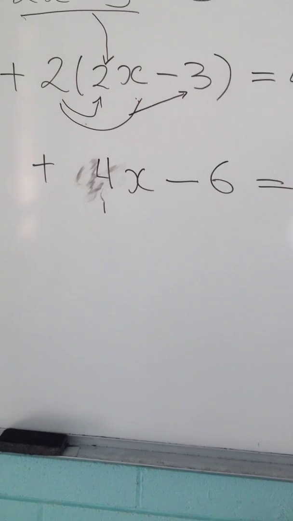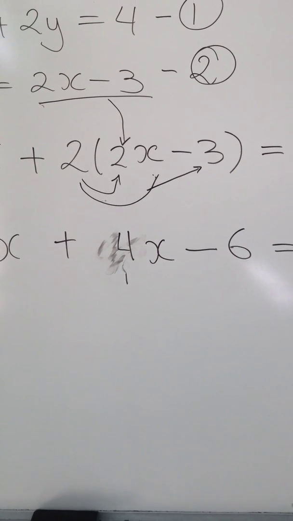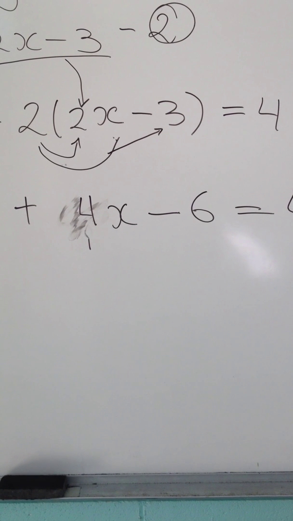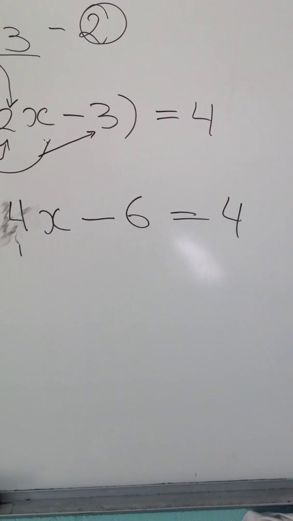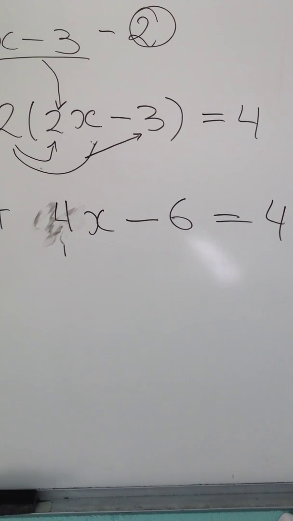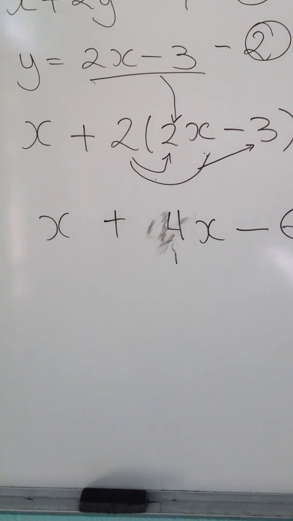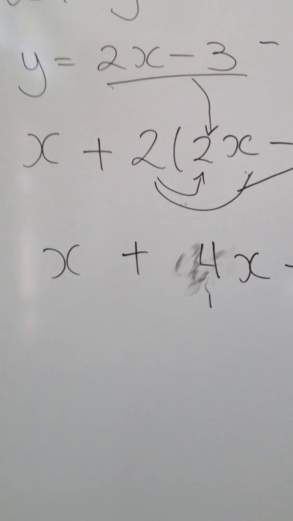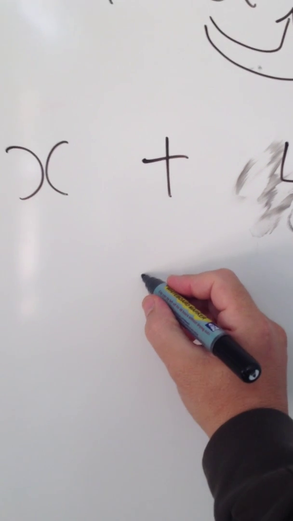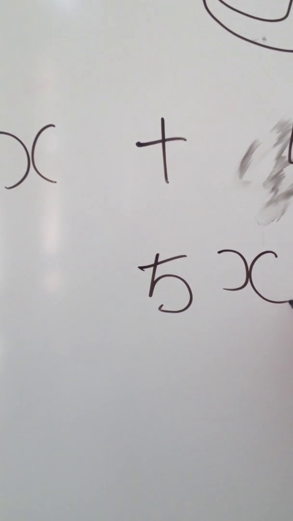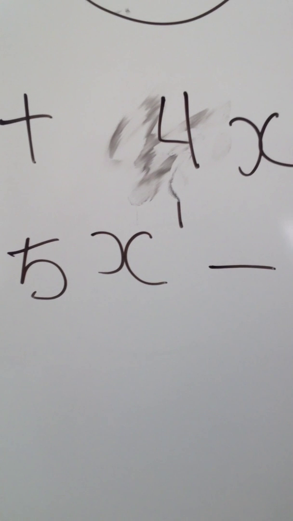So you can see that 4x minus 6, because we multiplied 2 times 2x gives you 4x, and 2 times negative 3 gives you negative 6. Now, if we now collect like terms, you'll see that the 4x and the x get together to make 5x minus 6 equals 4.